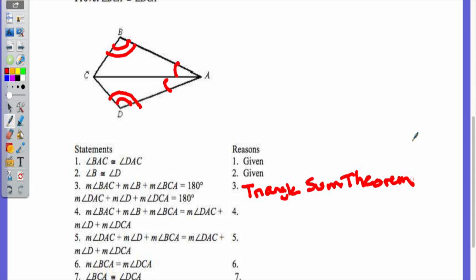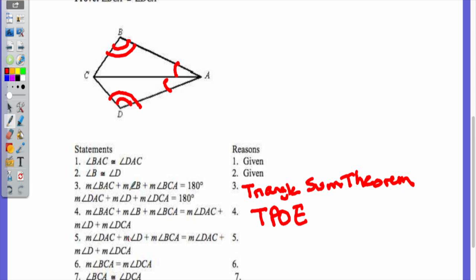The next part of the proof takes the two things that were both equal to 180 degrees and sets them equal to each other. That is transitive property of equality. If this is equal to 180 and this is equal to 180, since they're both equal to 180, they're equal to each other. Okay?